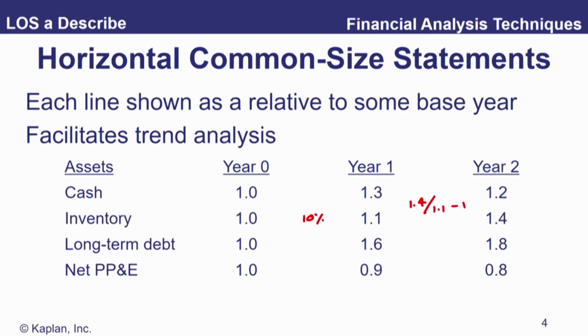Look at the percentage change, in other words. Let's quickly do that on my calculator. 1.4 divided by 1.1, subtract the 1, and we're saying, actually, between year 1 and year 2, our inventory changed by 27.3%.